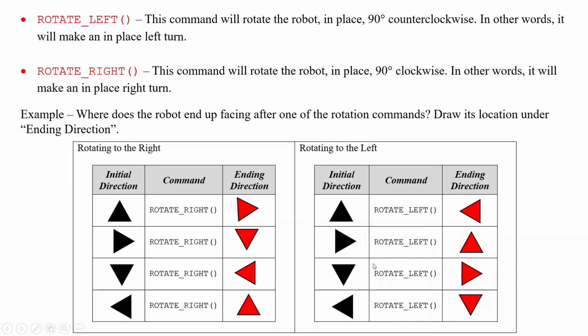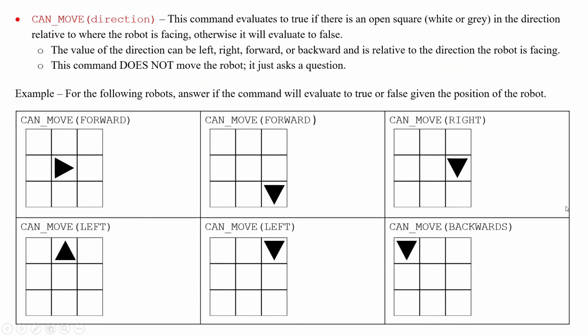Practice, practice, practice. Okay, and the last, not really a command, but the last robot procedure that we are going to use is the can move. It's a procedure that basically asks a question: can the robot move in this direction? So the command will ask a question with a parameter.